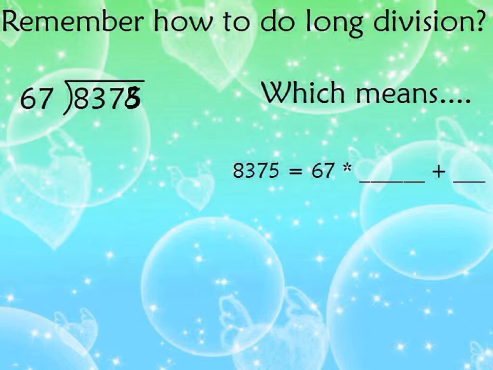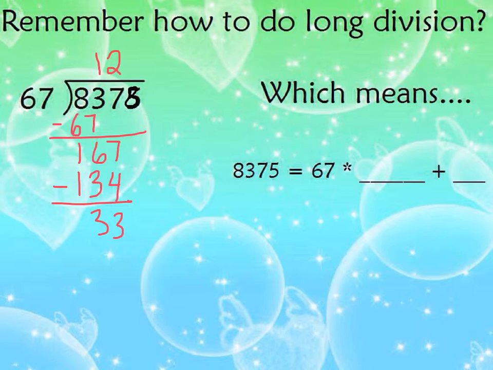Okay, so 67 goes into 83 one time, and then you take your 1 times your 67 and write it down here, and then you subtract. So 13 minus 6, so that's 16, and then you bring down the 7. So 67 goes into 167 twice, and then you take your 2 times your 67, and then subtract.